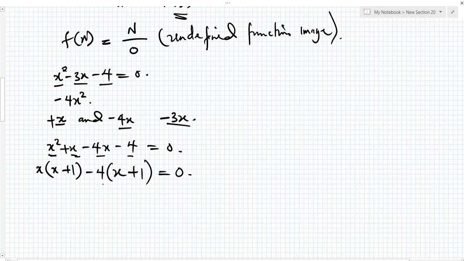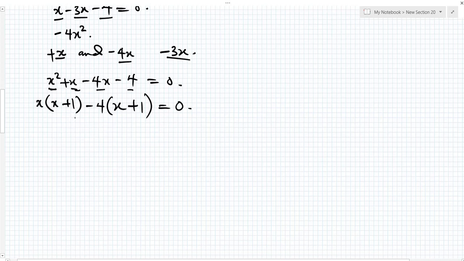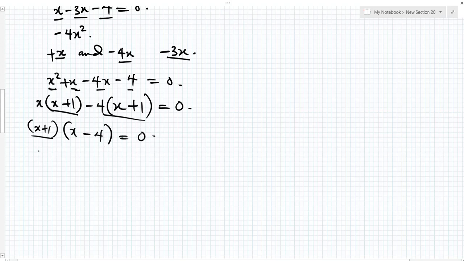So when you look at this expression, you notice that x plus 1 is common to both of them. So I'll factor it out. If you use the common factor x plus 1 to divide the first term, you have only x. If you use x plus 1 to divide the second term, you have minus 4, which is equal to 0. So that means x plus 1 is equal to 0, or x minus 4 is equal to 0.